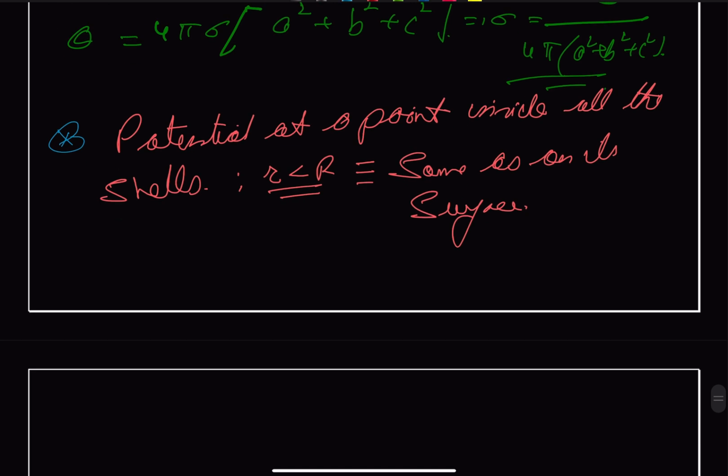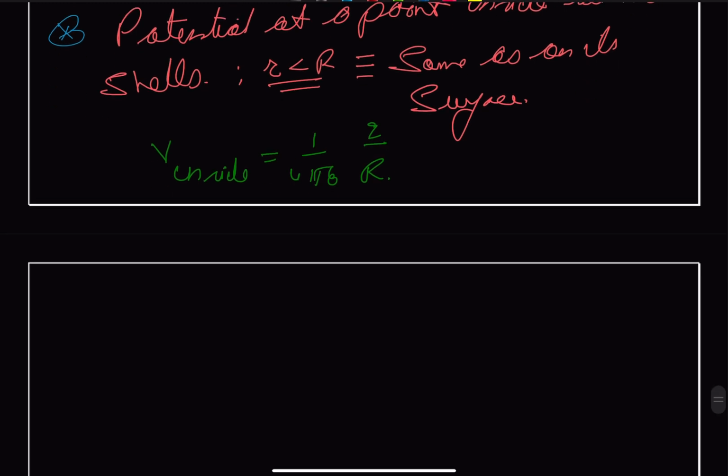Therefore, we can write the formula that the potential inside will be equal to 1 upon 4 pi epsilon naught times q upon capital R. Therefore, the total potential due to 3 shells, because this point P is inside all the 3 shells.